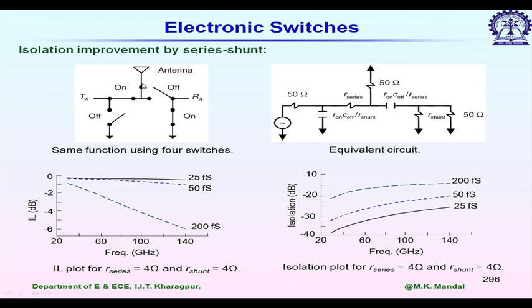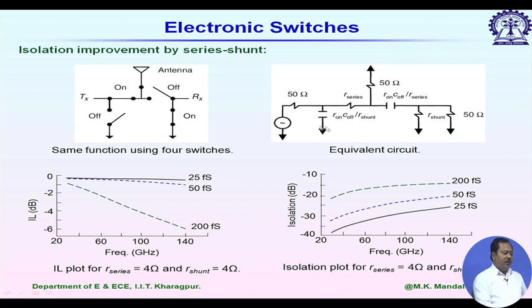You can see one antenna connected to the receiver side and the transmitter side. When the transmitter is connected to the antenna, the switch we are using in series configuration is in on condition, and in shunt configuration it is in off condition.